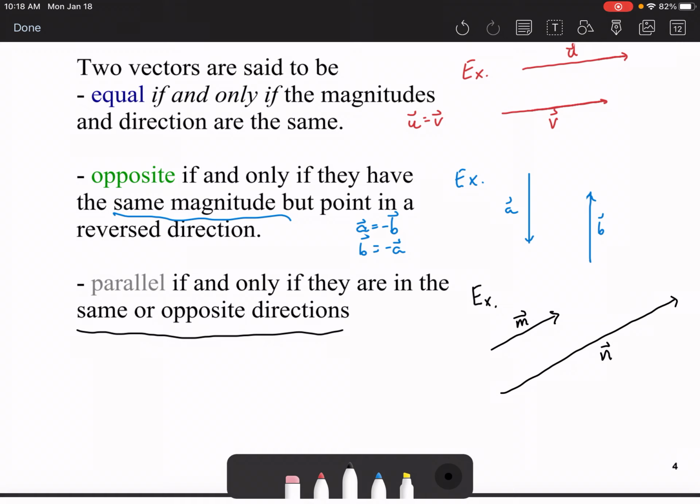I'll call this vector N. Now, how do we describe that these two vectors are parallel to each other? We can say the vector N, since it's bigger, is equal to some multiple of vector M. I'll put k as some real number. Another way you can describe parallel vectors is that the vector N is parallel to the vector M, which doesn't actually tell you how much bigger or smaller one is compared to the other.